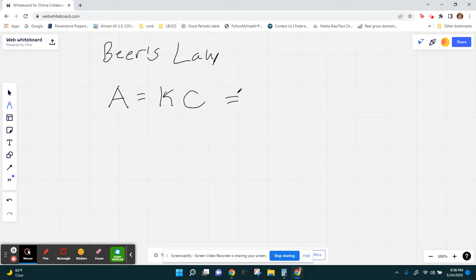We can divide both sides by K and solve this equation for C. C is equal to A divided by K, whatever that K is.